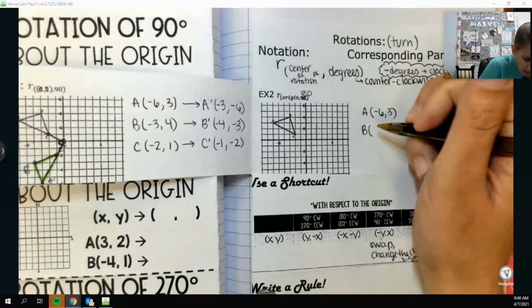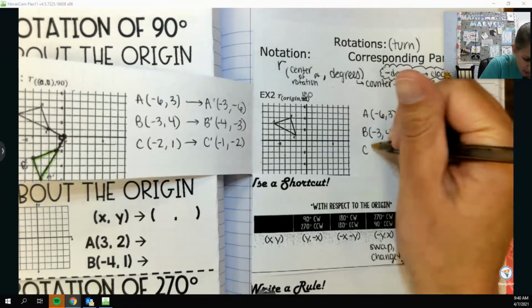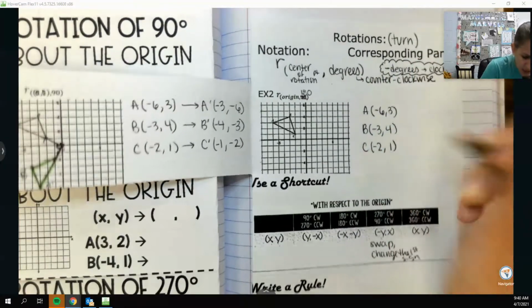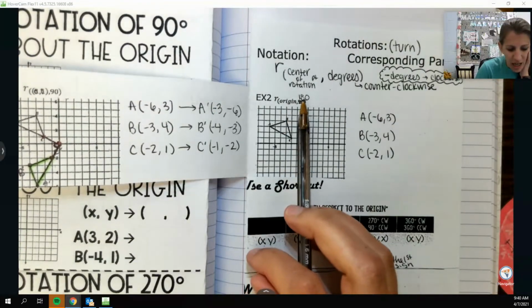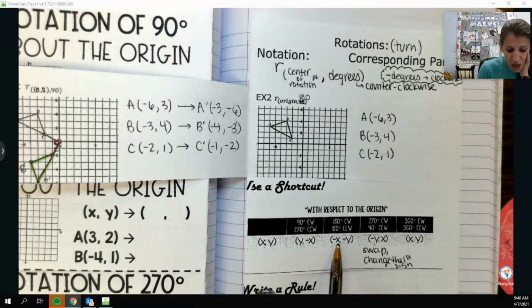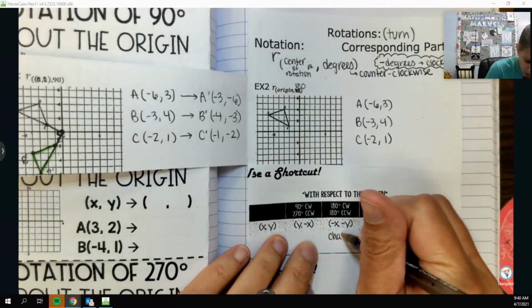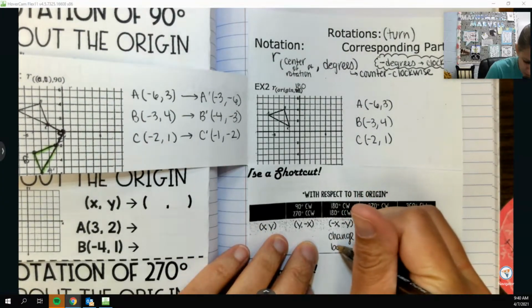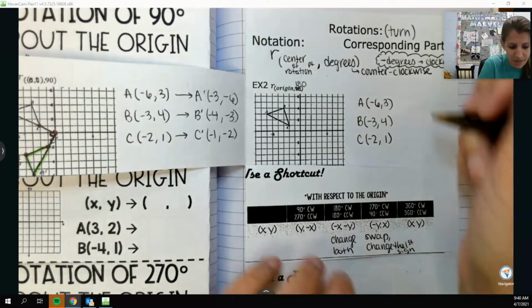So this is the same triangle I just had, so I'm rewriting those pre-image points. And the shortcut that we hopefully found in the Desmos is that if I'm going to rotate 180 degrees, all I do is change both signs. I don't do a swap, I just change both the signs.